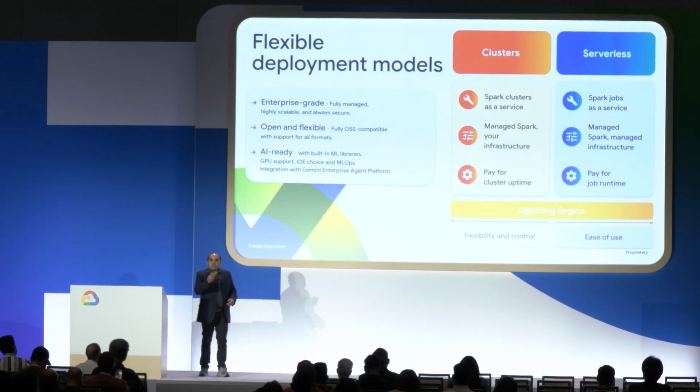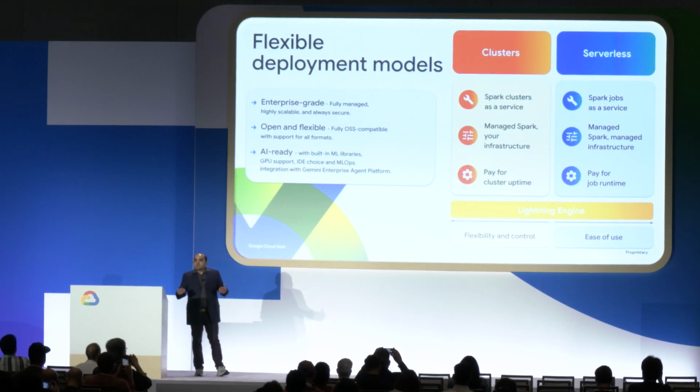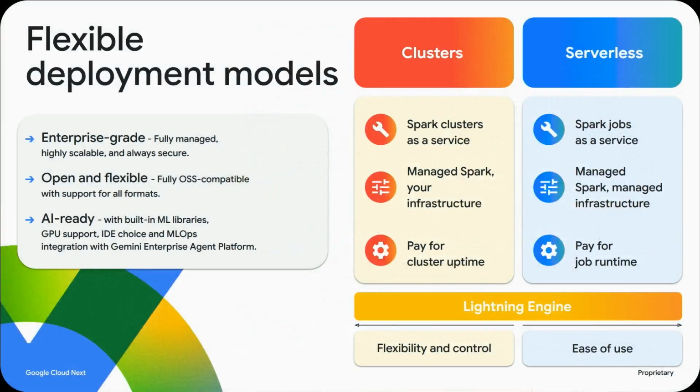We used to have two products before. One was a clusters product, the other was a serverless product. We're converting them into deployment models, which means you come in with your Apache Spark code, you build it using your favorite IDE, and then once you're comfortable, you decide whether you want a cluster or you want to just run the job and not worry about infrastructure.